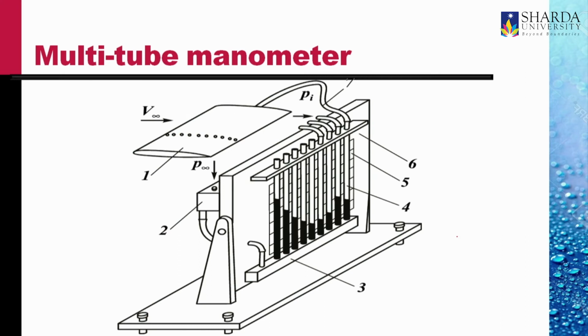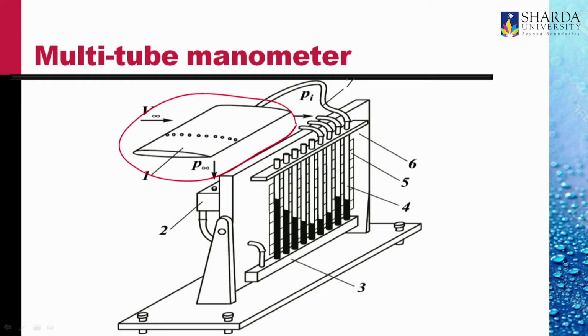This is a reservoir manometer with many tubes, a multi-tube manometer. Here it is being used to measure the pressure distribution about an aerofoil. The sketch shows an aerofoil with a large number of holes.